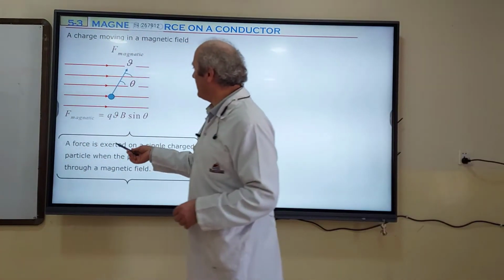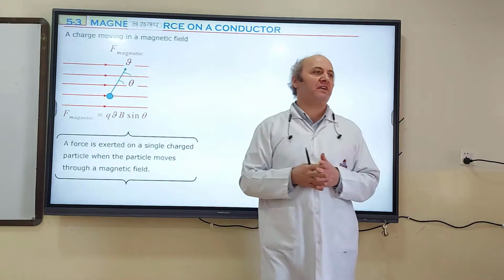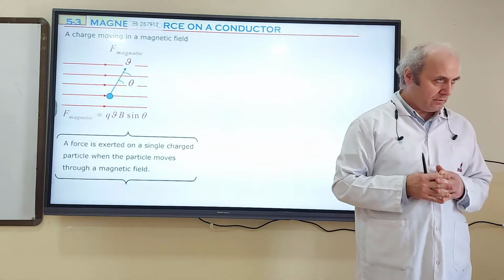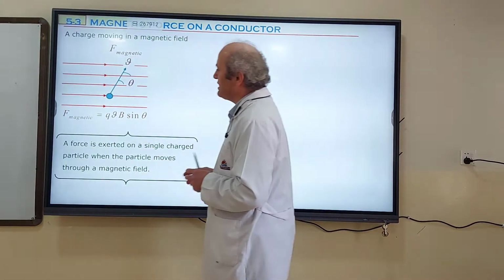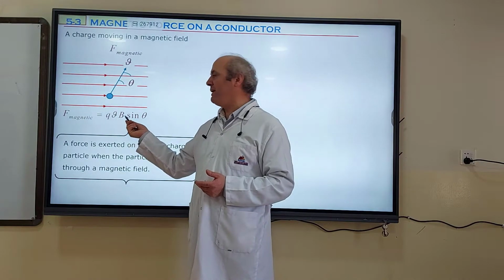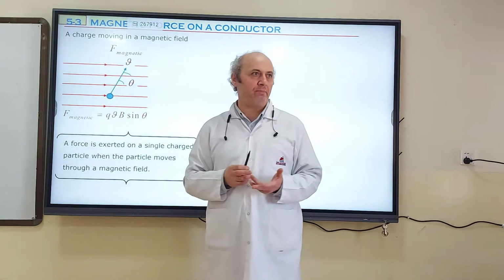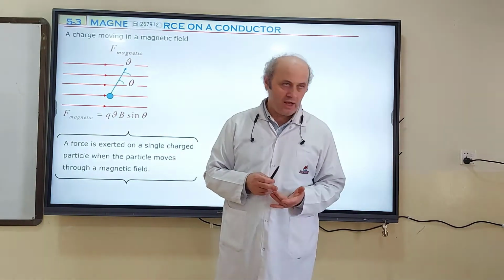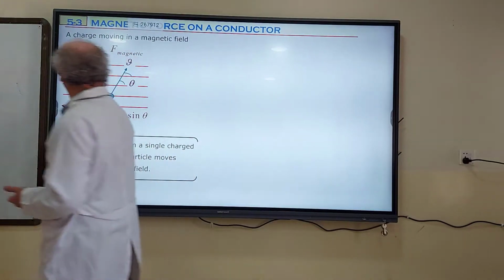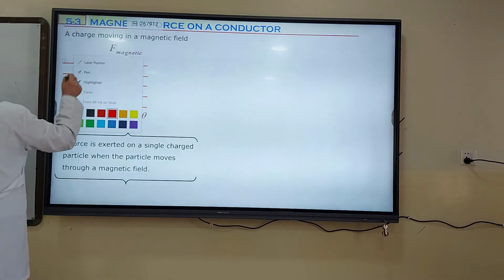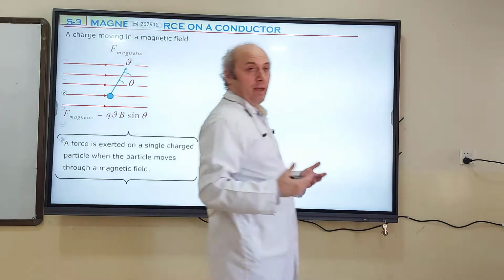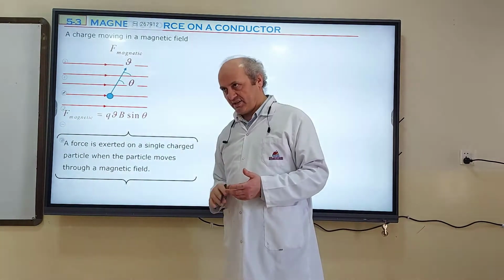If a charged particle is moving inside a magnetic field at some angle different than parallel, this charged particle will experience a magnetic force depending on Q, V, B, which are the charge, the velocity and the magnetic field, and of course the angle between the velocity and the magnetic field. Right? So this is the equation: F = QVB sine theta.